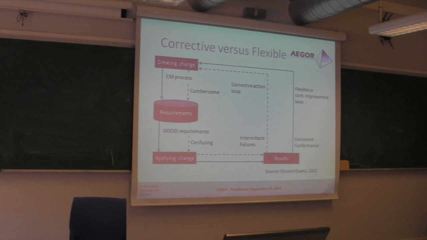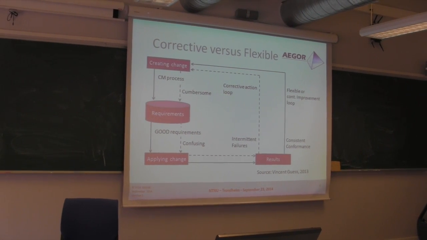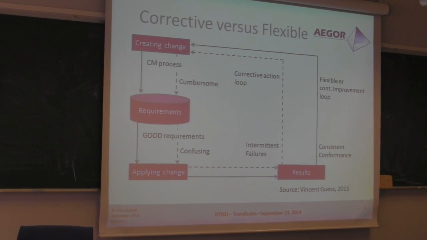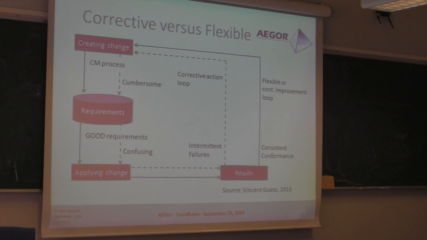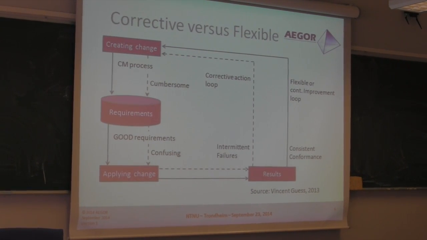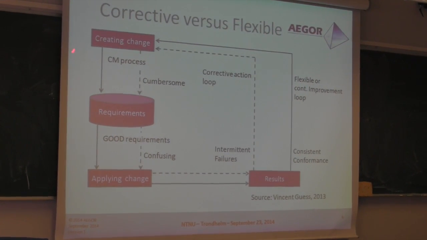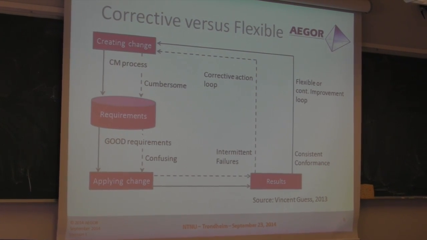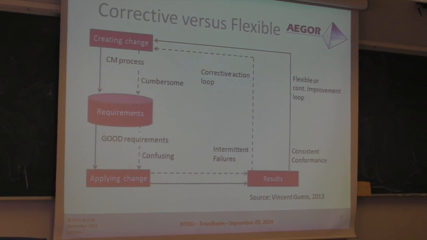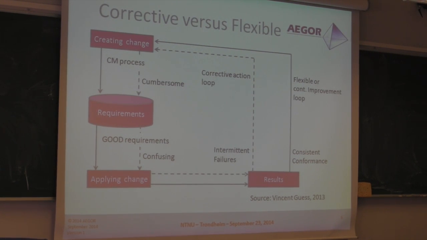Okay, corrective versus flexible. The way you want to do it is you are creating a change, you're creating new requirements, new documents, and then you have to require them to make the product, and that gives you the results.